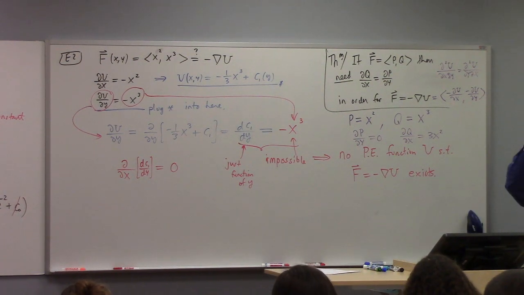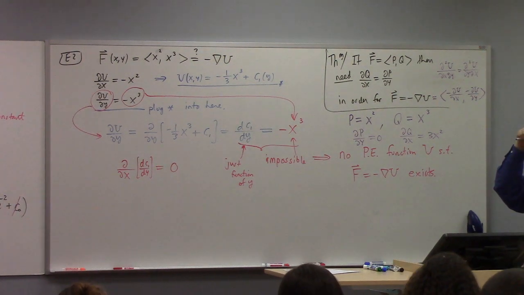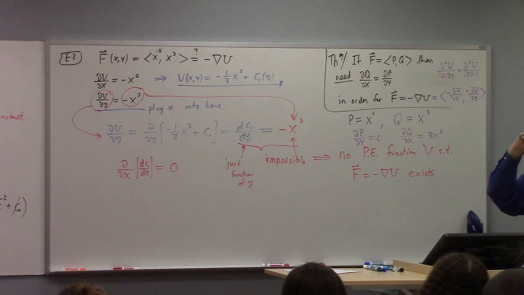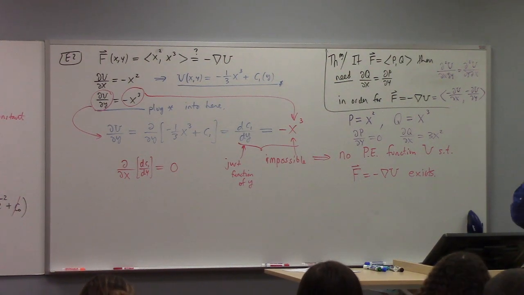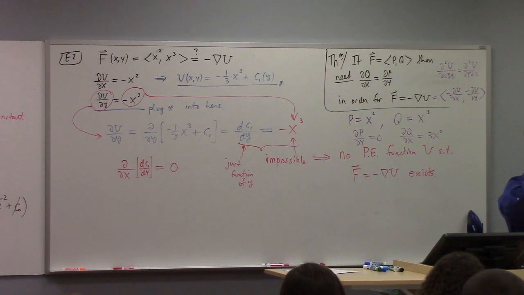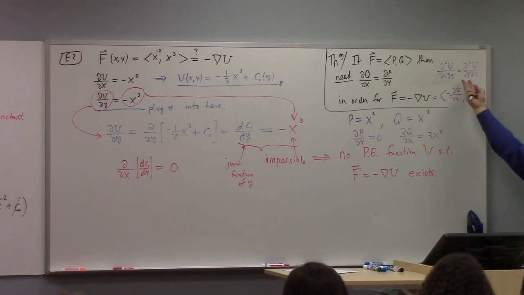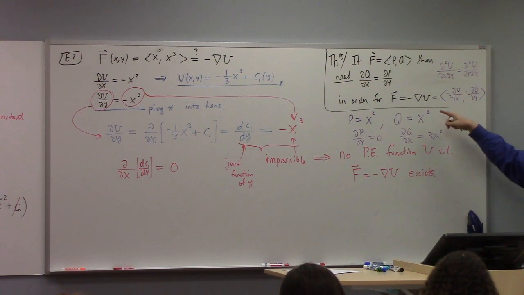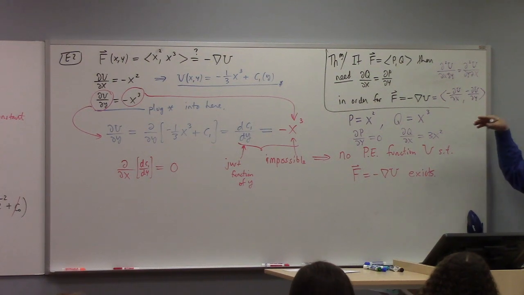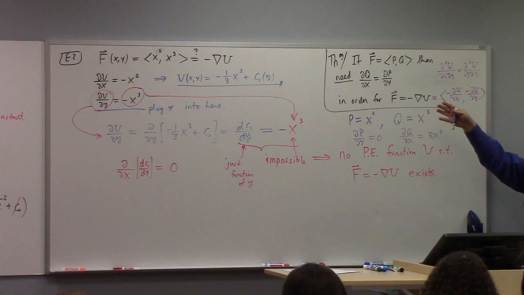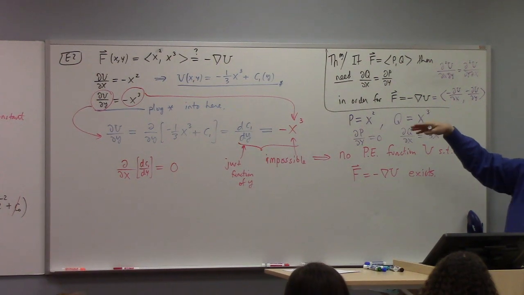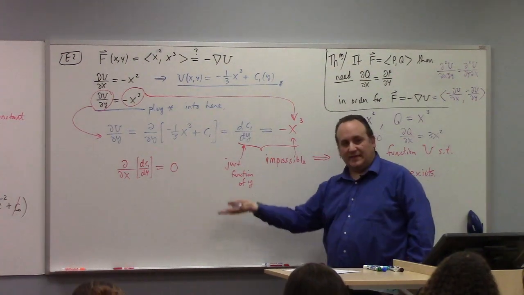That means that if the x component is the x derivative and the y component is the y derivative of the potential energy, it should be the case that the y derivative of the x component is equal to the x derivative of the y component, because the partial derivatives commute, which means that these two components have to be interrelated in that way. It's because of this rule of calculus. That's why we get this theorem. So it just gives you a simple criterion to check on whether or not this is going to happen to you when you try to find the potential energy.